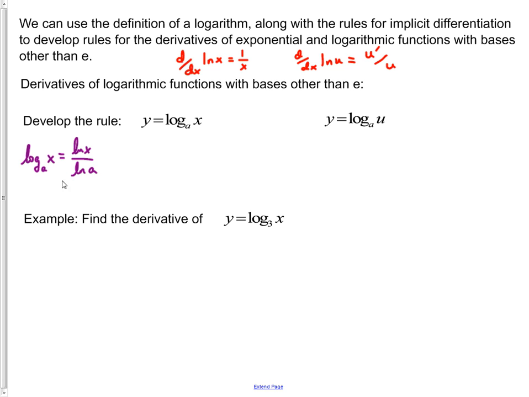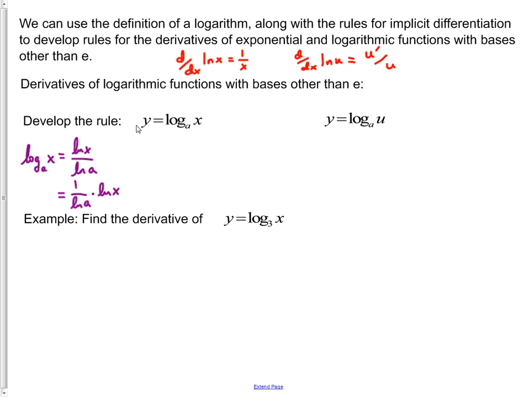Well, that natural logarithm of the base a, that's a constant. Another way of stating this is that it's really like saying 1 divided by the natural logarithm of a times the natural logarithm of x. So this is going to help us right here.